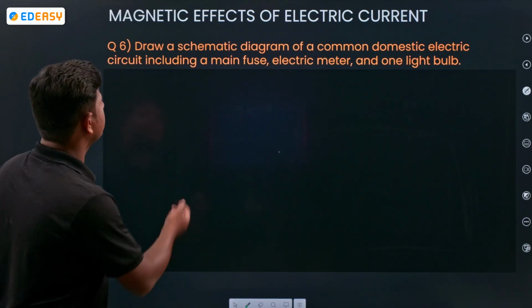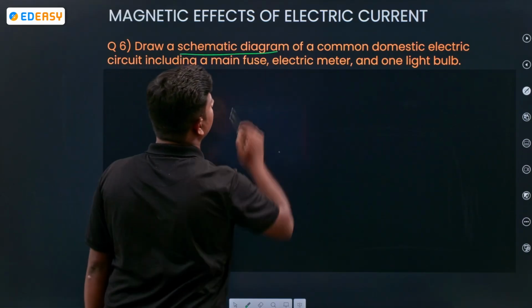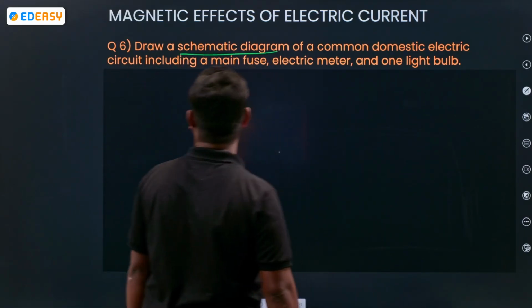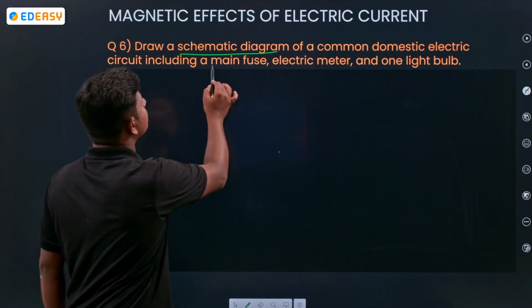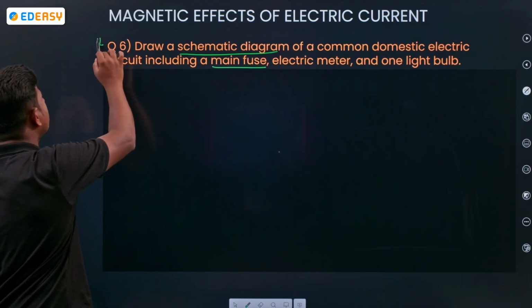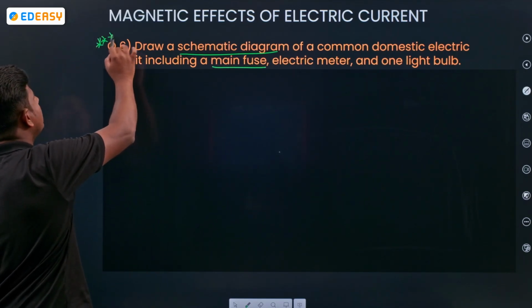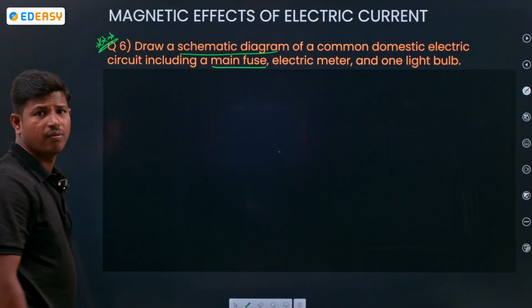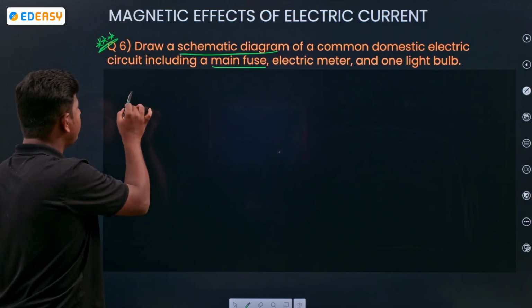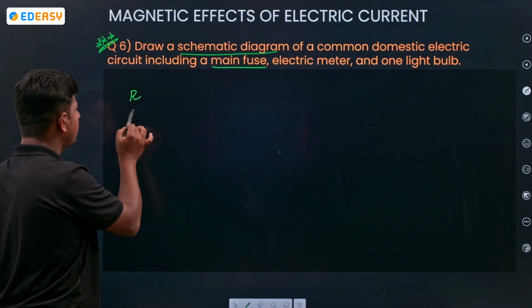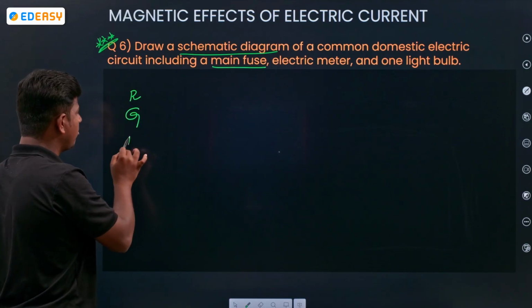Next, draw a schematic diagram of a common domestic electric circuit including a main fuse. Okay, very important question, very important for long answers. How many wires are there? Red, green, black.